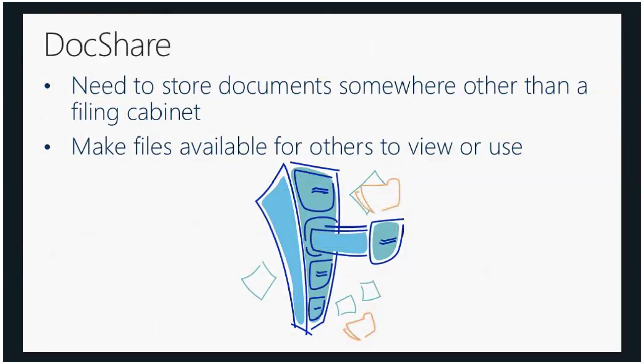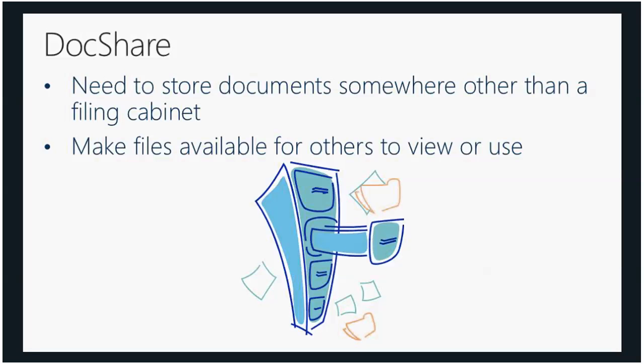Then when someone says, hey, what about that purchase order, or what about that invoice? A lot of times, if they're not SL people, you're going to go down, find that exact filing cabinet, pull the document, bring it back, and go from that process. So there needs to be a better way to do that: remove the idea of needing a filing cabinet and make it available to other people to use.